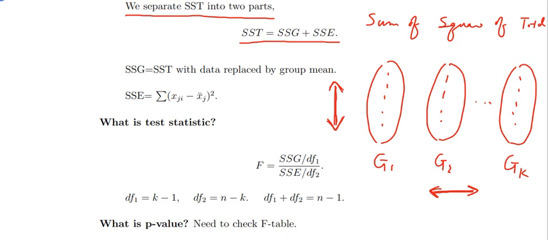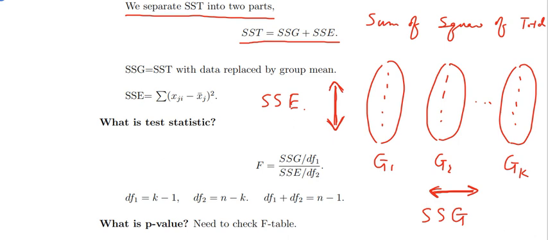So this direction changement of values, we call this SSG. So we call SSG the sum of squares from group. Okay, and so the changing only in this direction, we call this SSE. Okay, so here SSE means the sum of squares of errors.